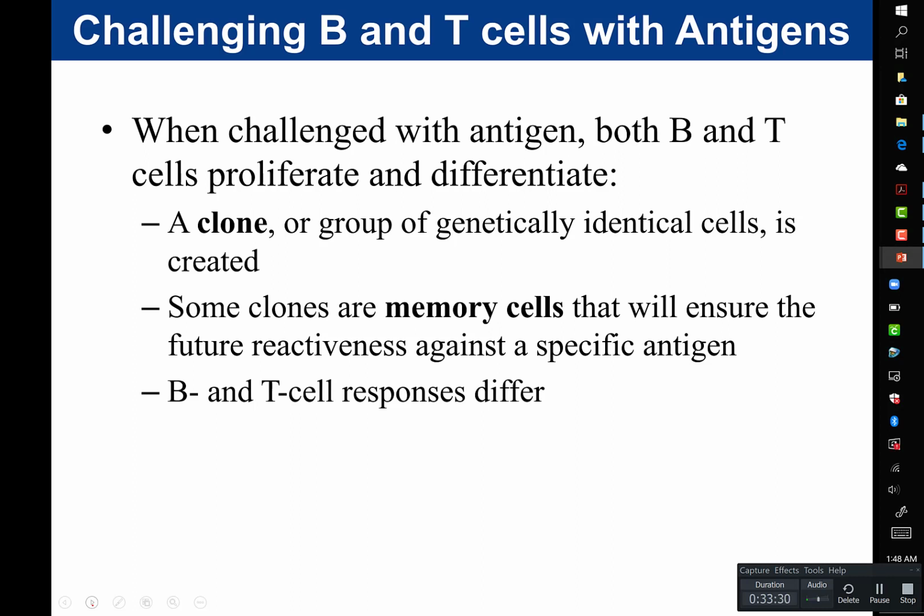So when challenged with antigens, our lymphocytes will become a clone, which is a group of genetically identical cells. And that's because when that B cell, for example, gets stimulated, it's going to divide and proliferate, which is what's going to create a clone, because it's just going to divide and make a copy.